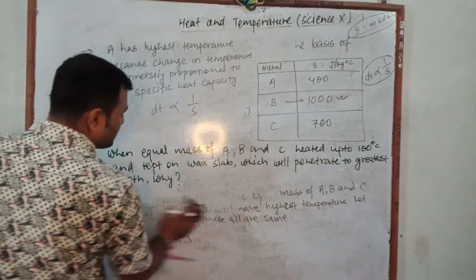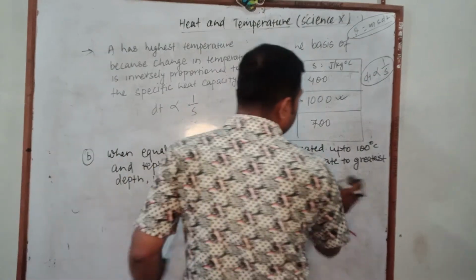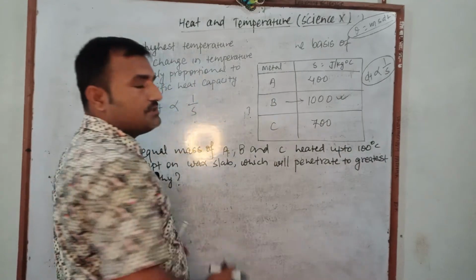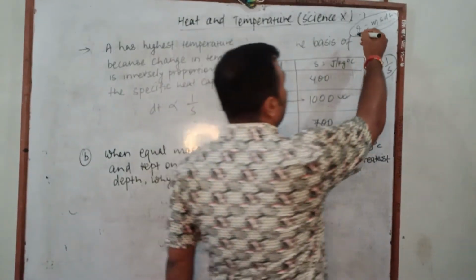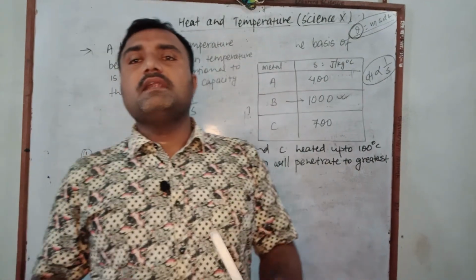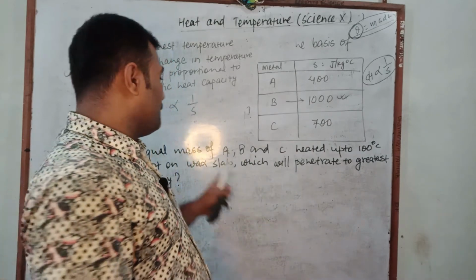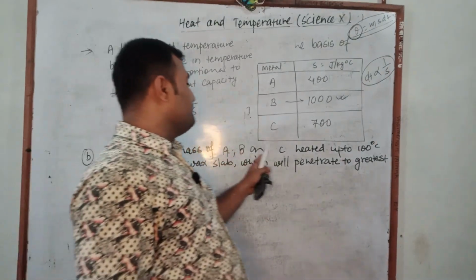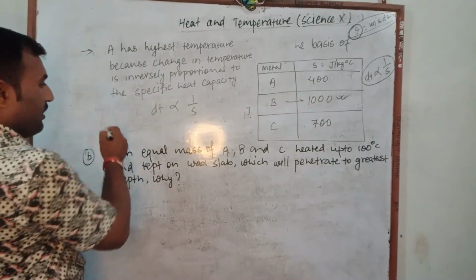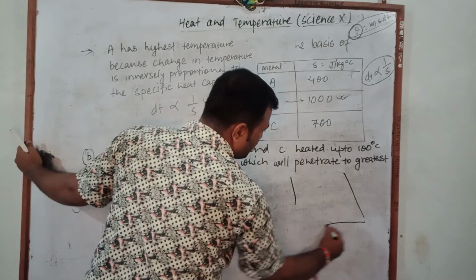That is, the substance which has high specific heat capacity needs more heat energy to increase temperature, or the amount of heat energy lost or gained by a body is directly proportional to the specific heat capacity. When these A, B, C at 100 degrees Celsius are kept on a wax slab, suppose we consider that is a wax slab.